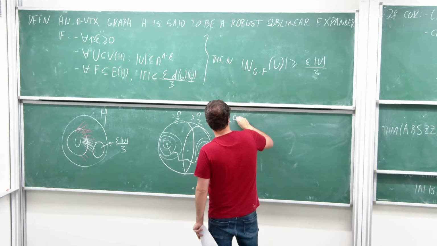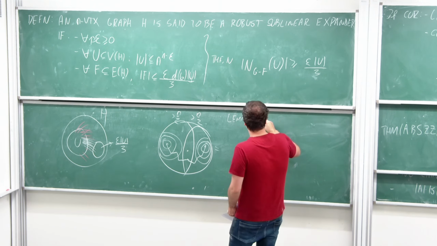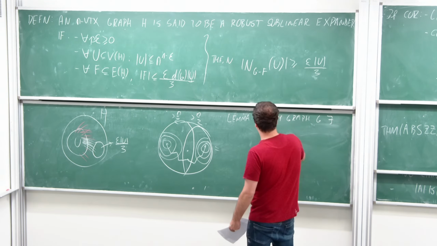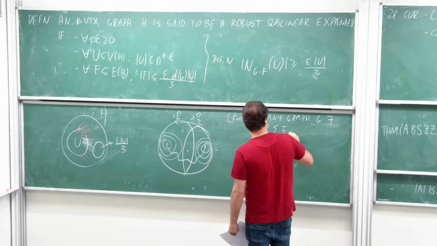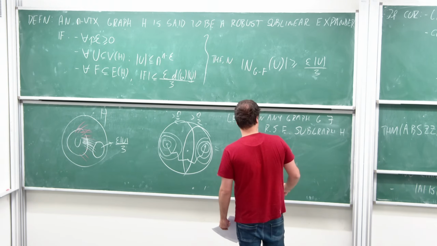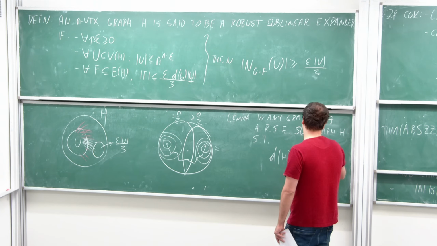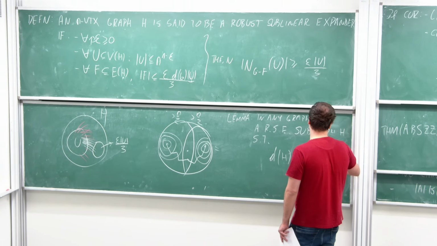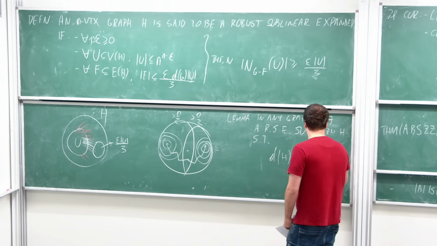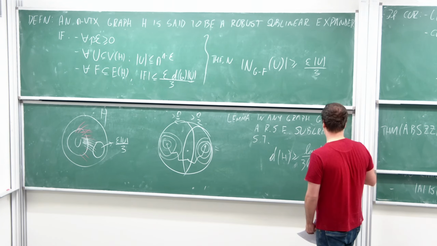So here's a lemma, and the lemma says that in any graph G, there exists a robust sublinear expander subgraph H such that the average degree of H is at least log the number of vertices of H, divided by log the number of vertices of G, divided by 3 times the average degree of G.